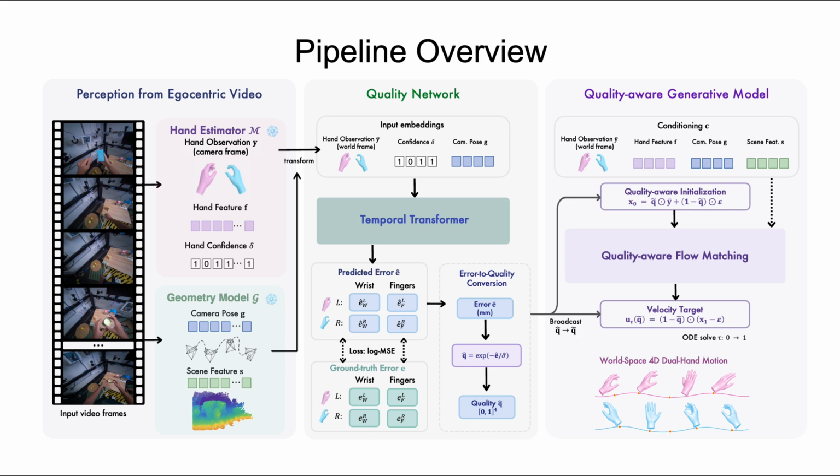Third, AdaLN modulation inside the DiT conditions every block on the per-frame quality signal, scaling wrist and finger updates to match the per-channel structure. Fourth, a quality-aware initialization at tau equals 0 anchors high-quality channels near the world-frame observation and starts low-quality ones from pure noise. A single ODE integration from tau equals 0 to 1 then yields the world-space 4D dual-hand motion.